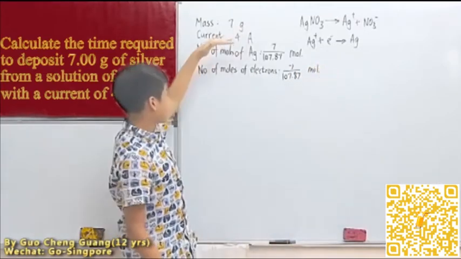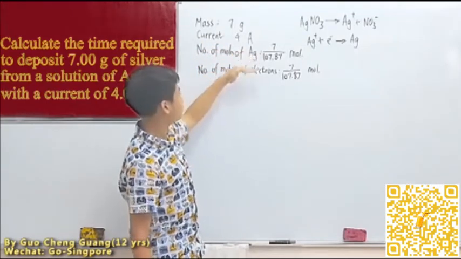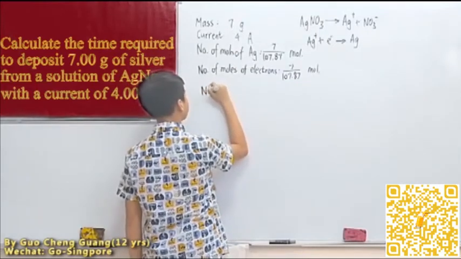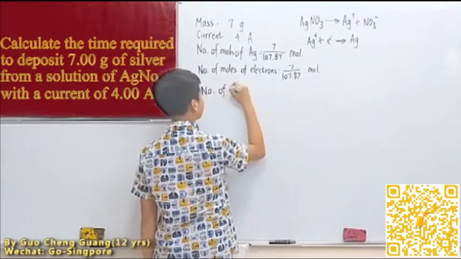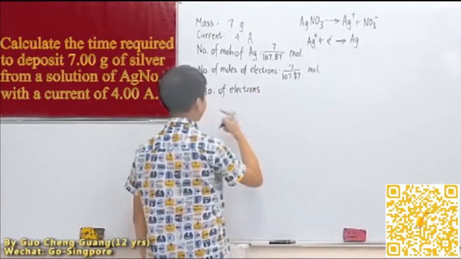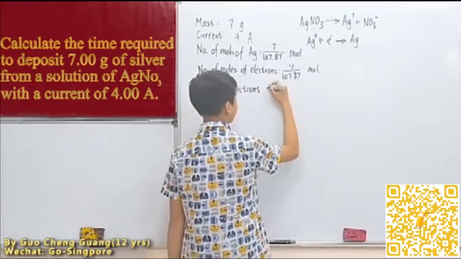But just for step by step: moles of silver, moles of electrons, then number of electrons needed to be supplied.